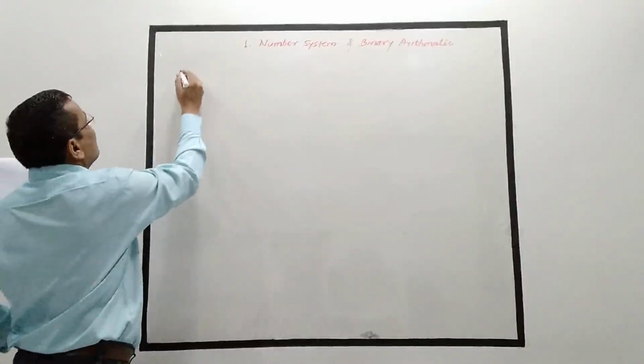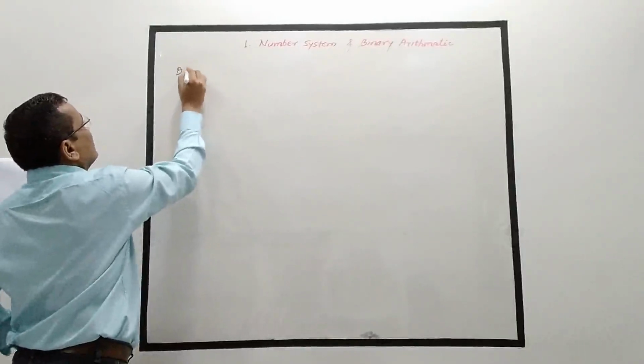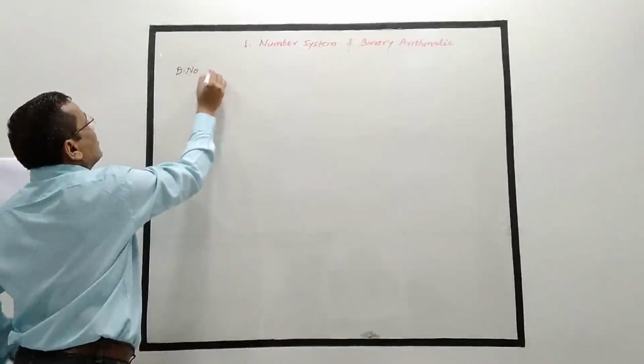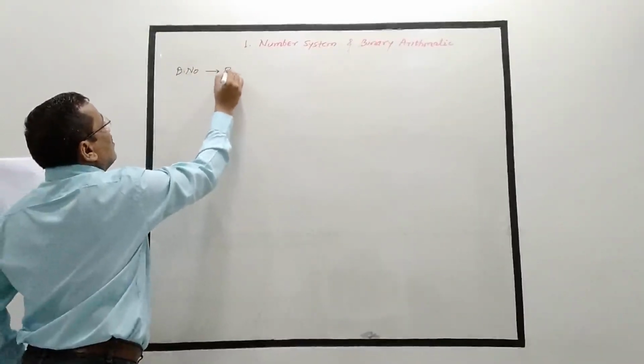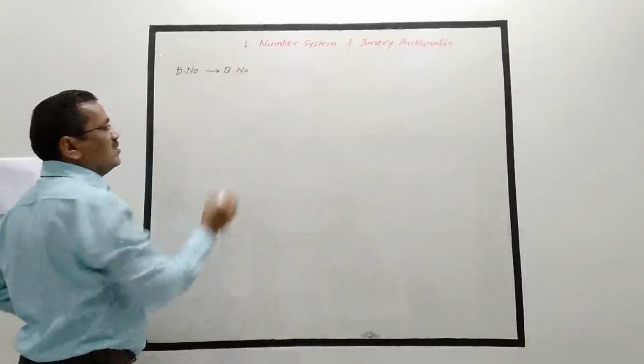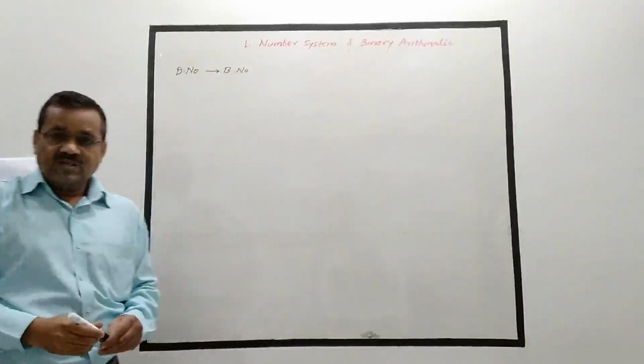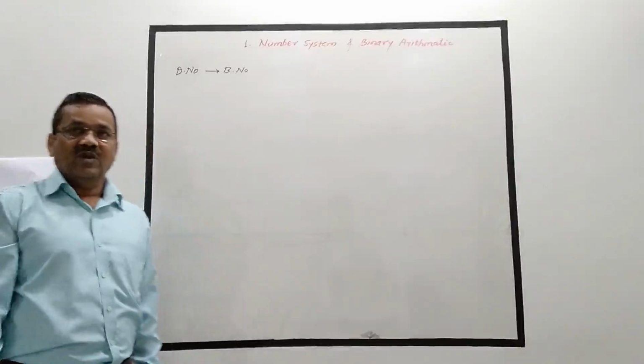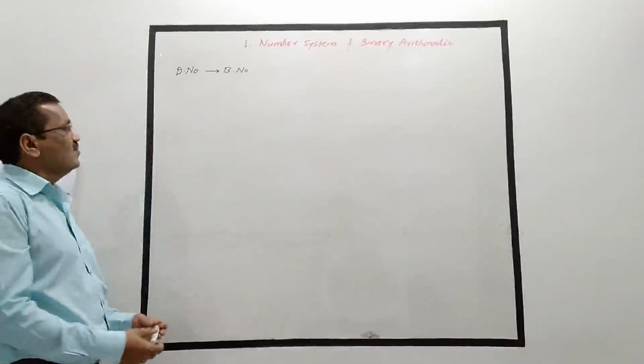So decimal to binary, decimal number to binary number. For this we have to take one example.